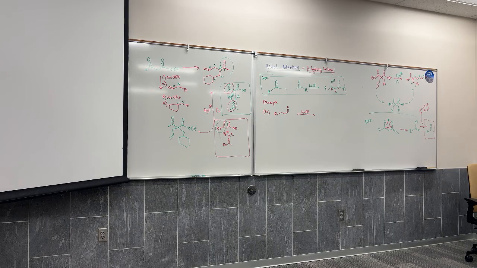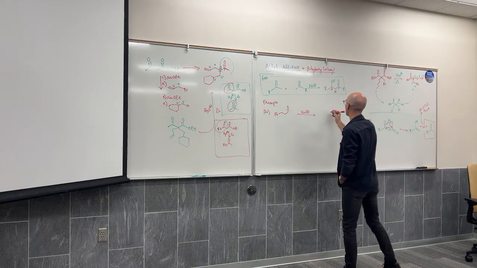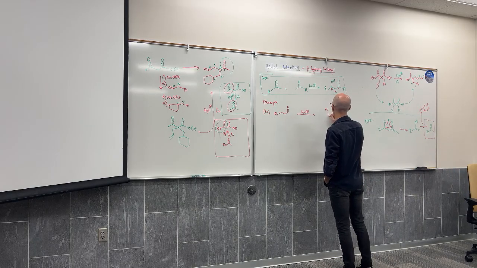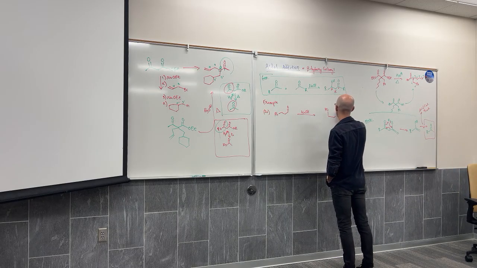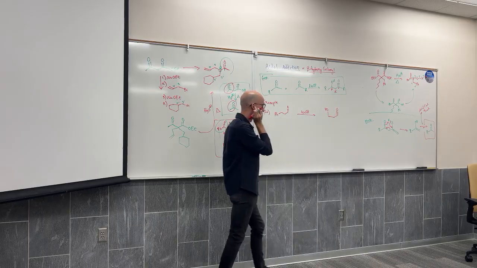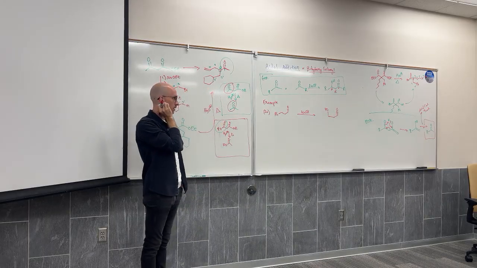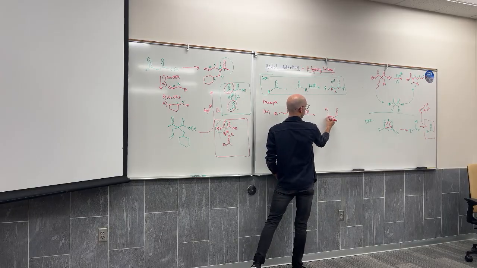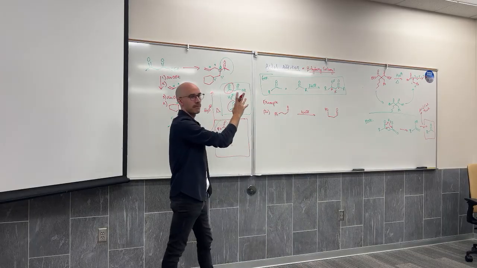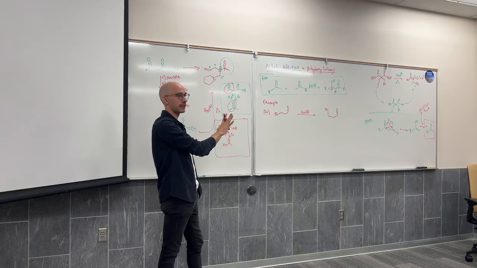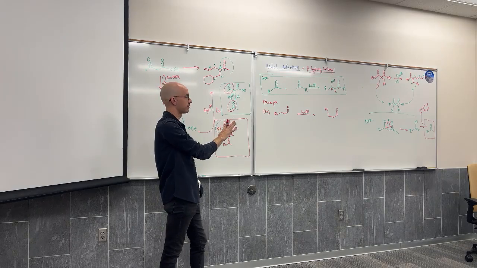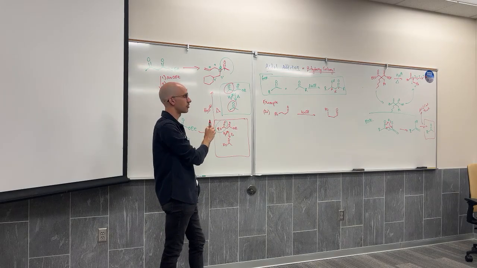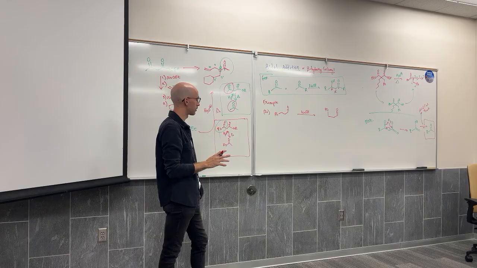Now, when I predict my products for these, what I like to start with is my template, the beta-hydroxycarbonyl. And almost always there will be a group here, but that's the simplest beta-hydroxycarbonyl that you could have. Now I just need to functionalize it with the R groups.